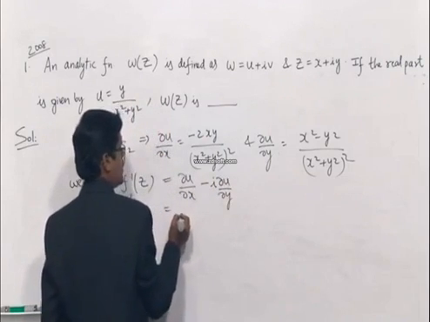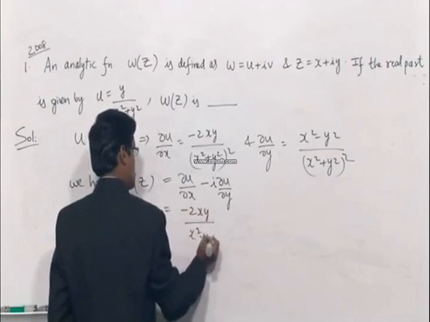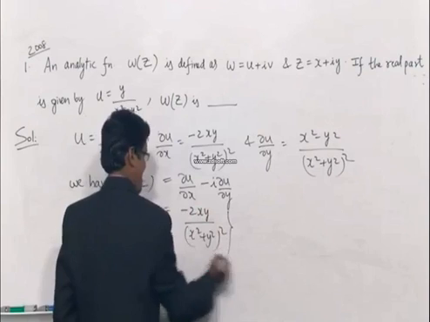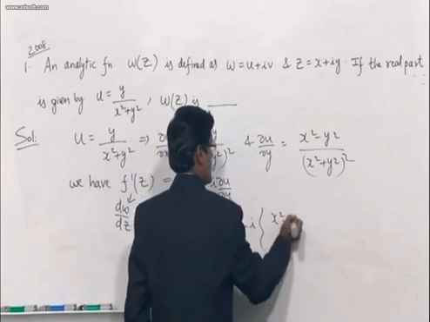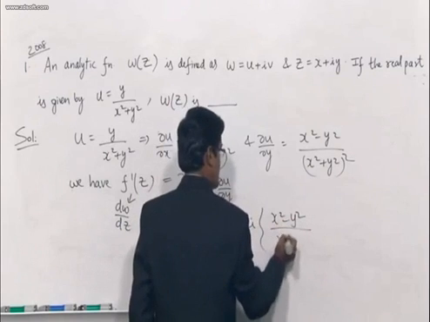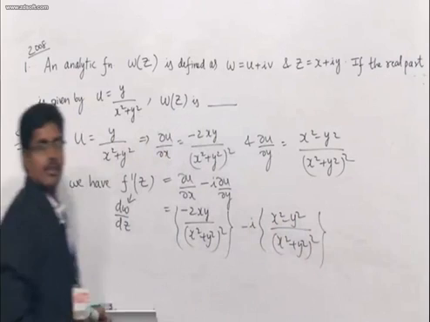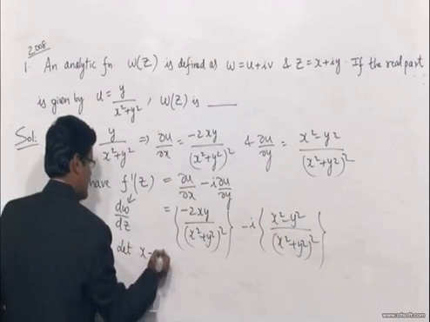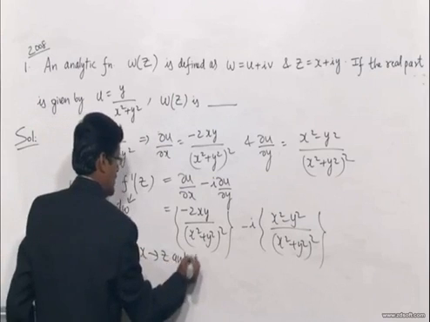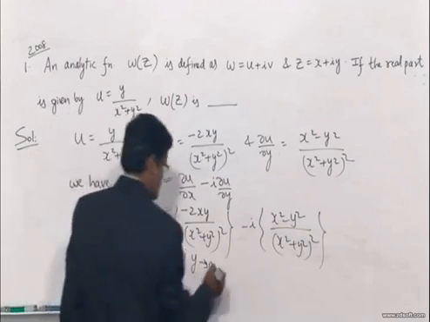Simplify here, substitute here: ∂u/∂x becomes minus 2xy by (x square plus y square) whole square, minus i times ∂u/∂y, which is (x square minus y square) by (x square plus y square) whole square. And as per the procedure I gave, let x tend to z and y tend to 0, that is, replace x by z and y by 0.